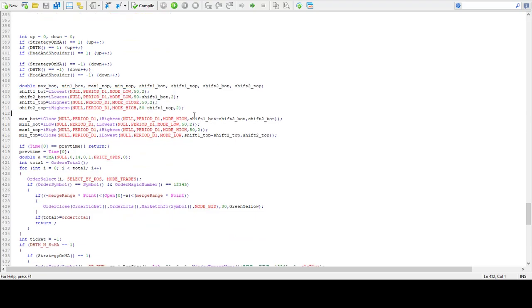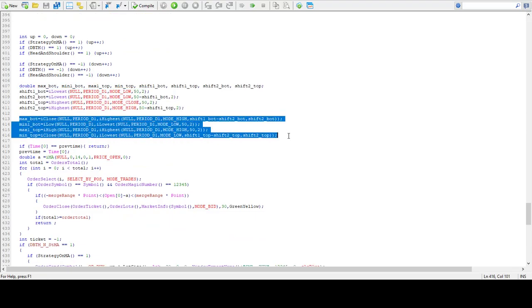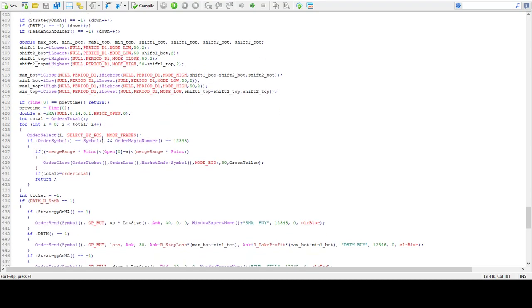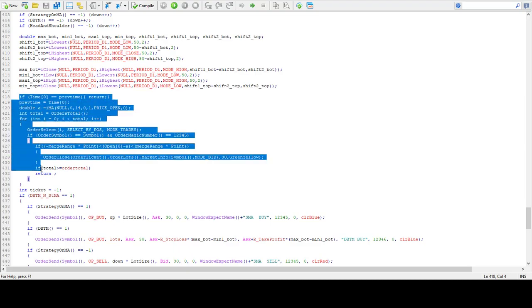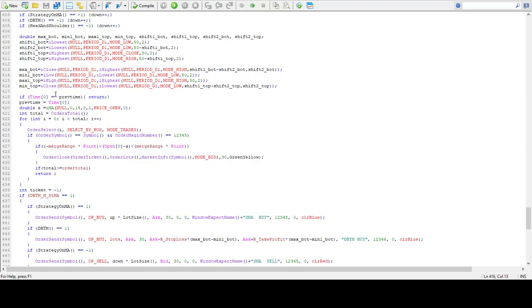Now we do shifts. We get the max and min for each of these. And we open the orders based off of what we're calculating.